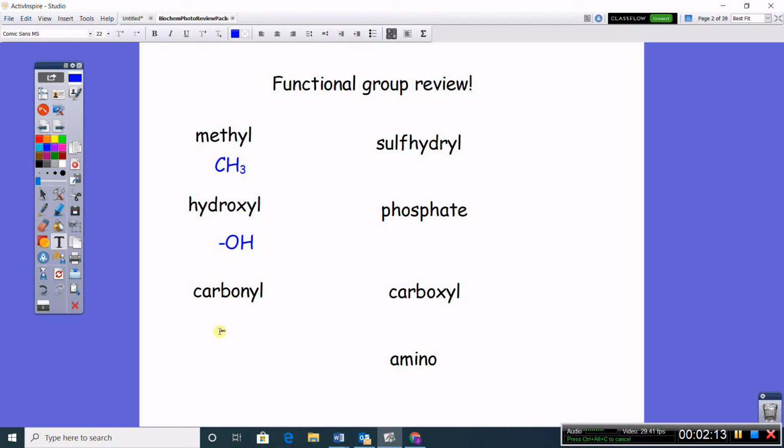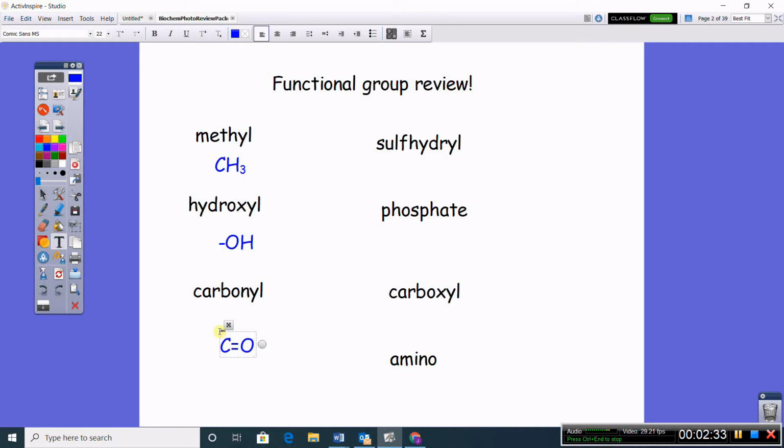A carbonyl group is a C double bonded to an oxygen. And remember, 2 subtypes of carbonyl groups are aldehydes and ketones, and those are just different based on where that carbonyl group is in the overall molecule.